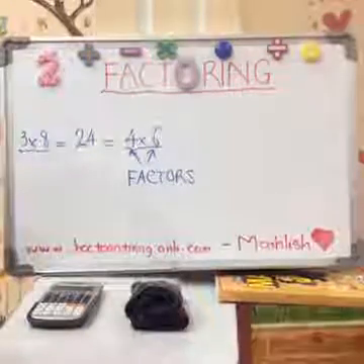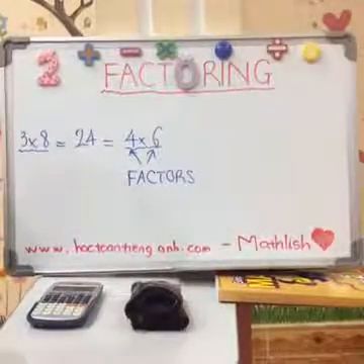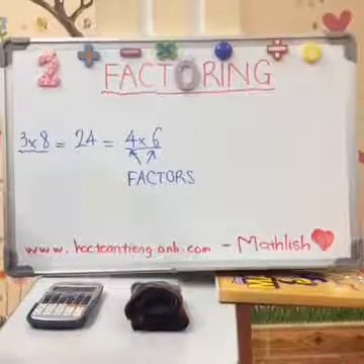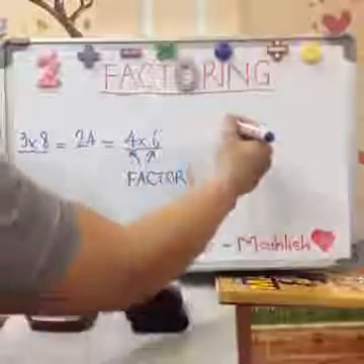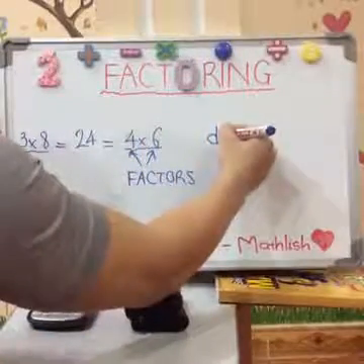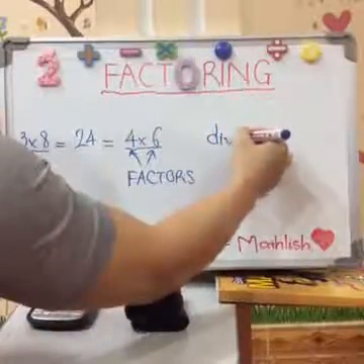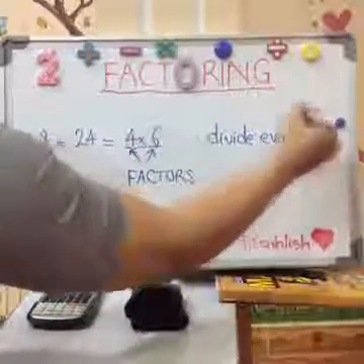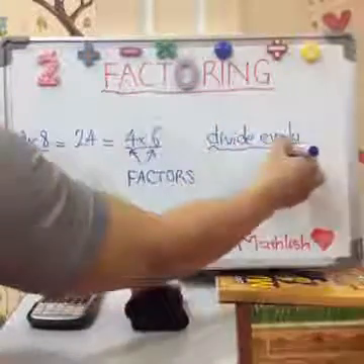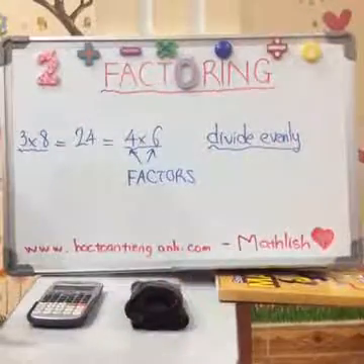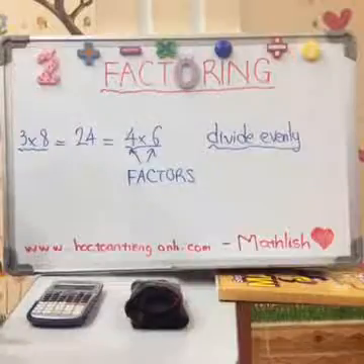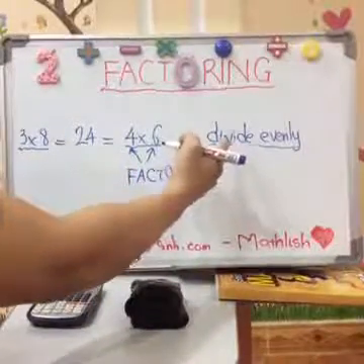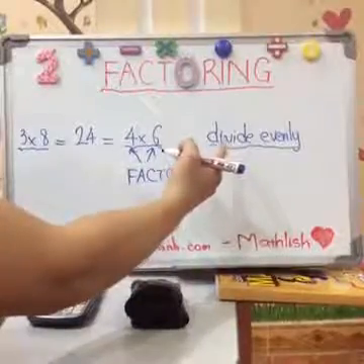The fact that each of these numbers is a factor of 24 means that each of them can divide evenly into 24. And when I say divide evenly, I mean that it will divide in without a remainder.